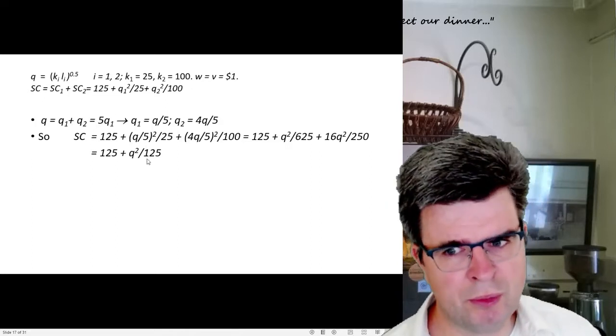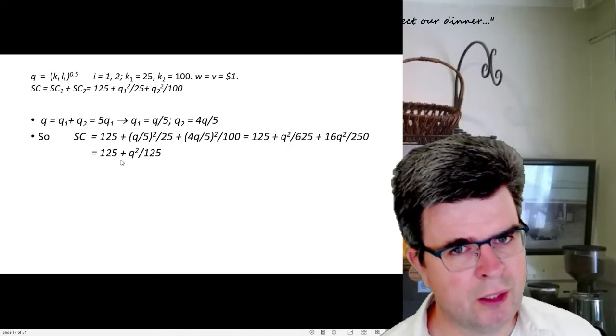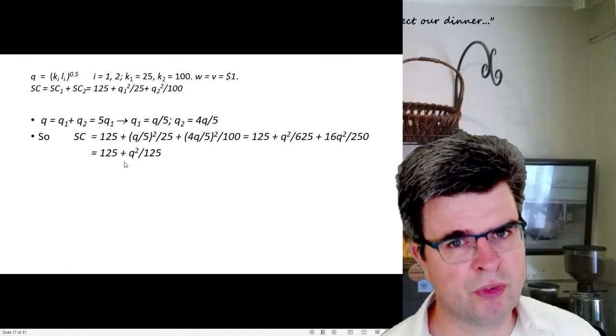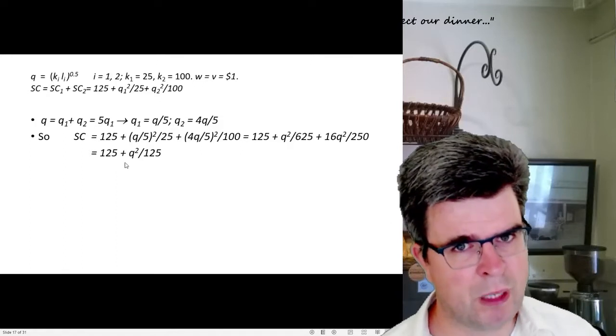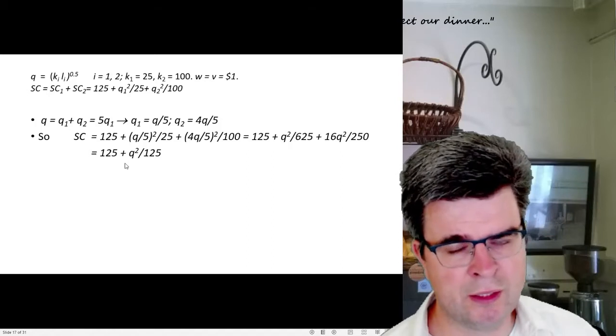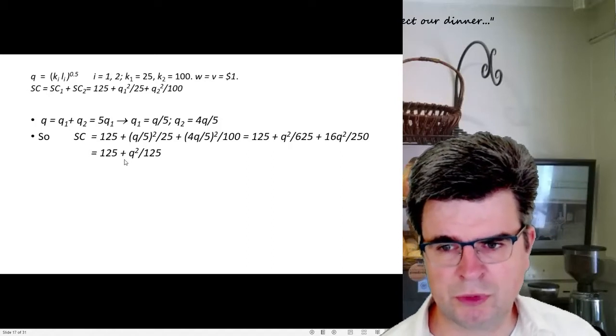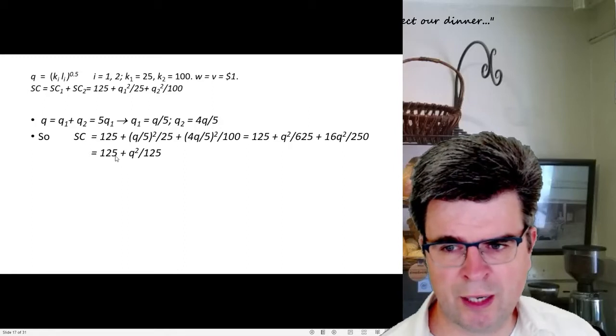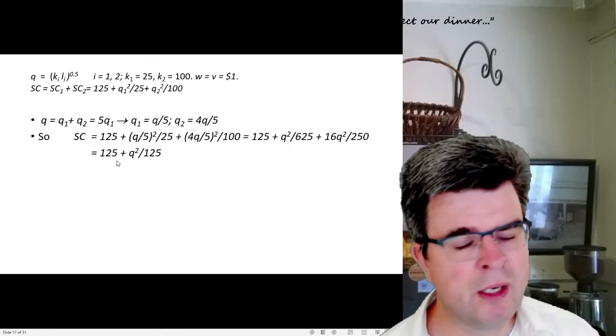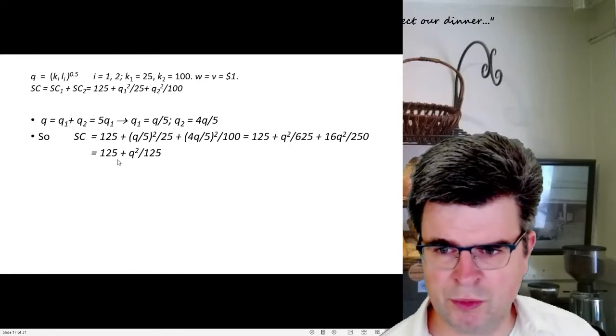And this is what we want. So we want an expression in terms of total output, not output at the individual plants Q1 and Q2. So short run cost as a function of total output is equal to 125 plus Q squared over 125.